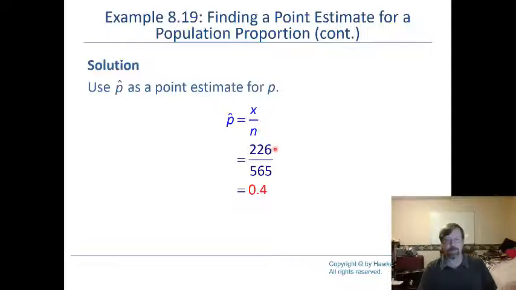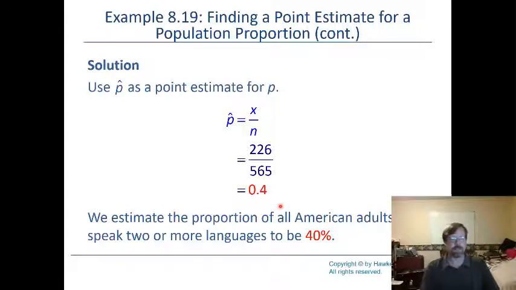So in this case, it's 226 American adults who are at least bilingual and 565 total sampled, for 0.4, or 40%. Honestly, that seems like it's probably a little high. I would not expect that 40% of American adults do speak at least 2 languages.